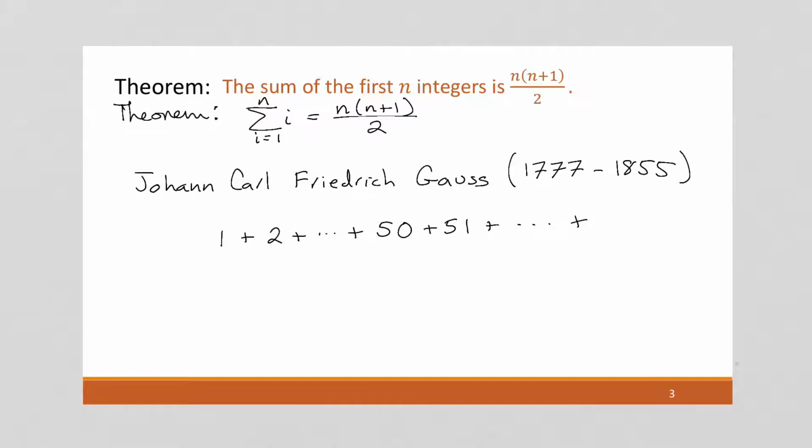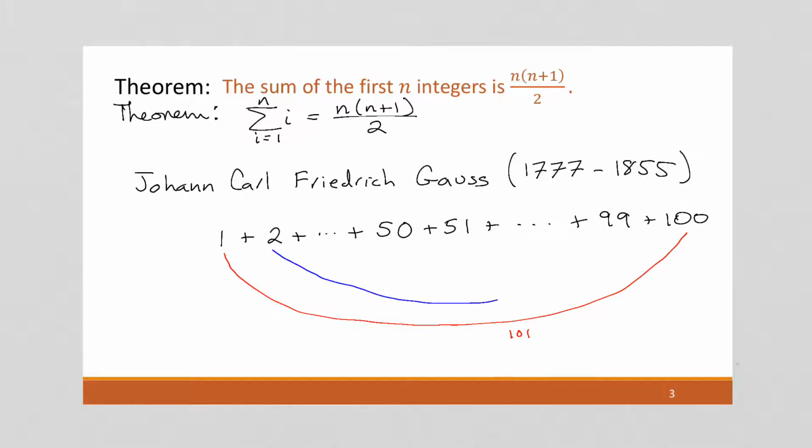And here's what Gauss did. So here's adding the numbers 1 to 100. And Gauss noticed that if you add the two outer numbers together, you get a sum of 101. And if you add the next numbers together, you also get a sum of 101.